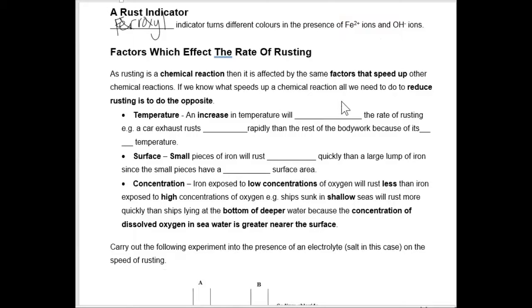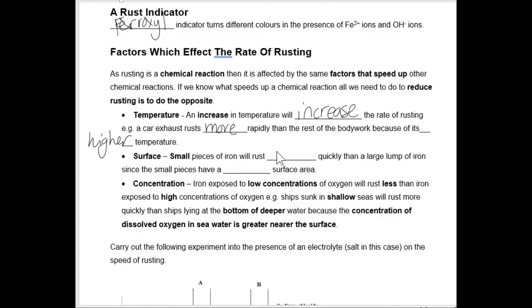If we know what speeds up a chemical reaction, all we need to do to reduce rusting is do the opposite. Temperature: an increase in temperature will increase the rate of rusting. For example, a car exhaust rusts more rapidly than the rest of the bodywork because of its higher temperature.